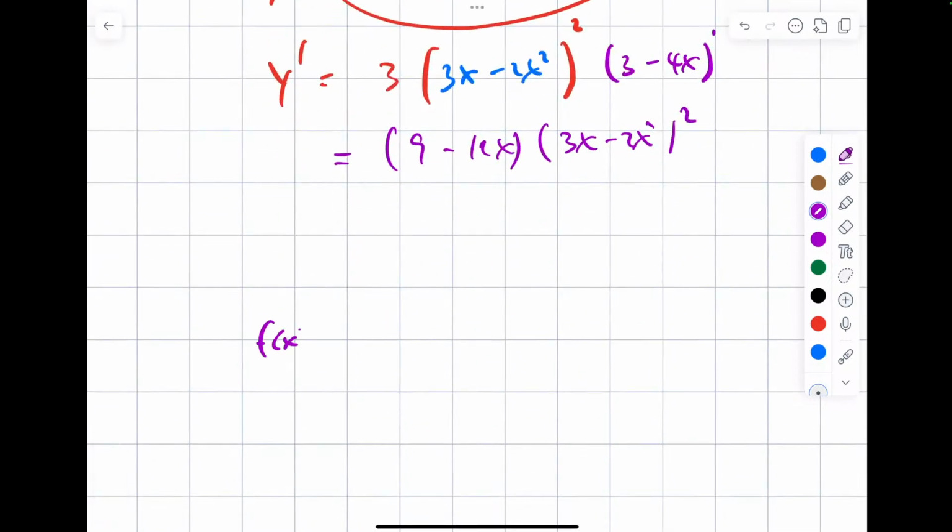Now, what about the derivative of this? This is 1 over the cube root of 2 minus 4x squared.